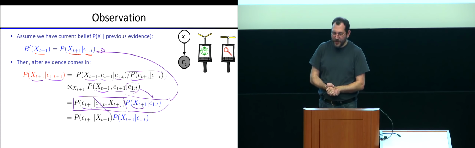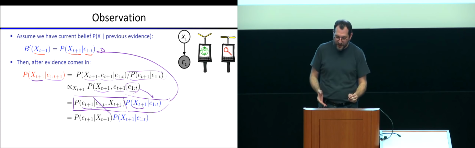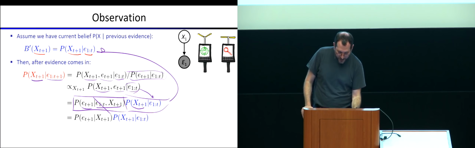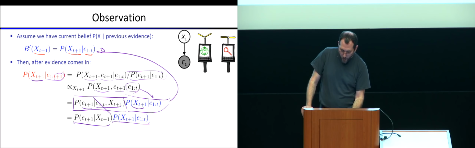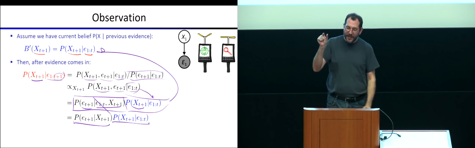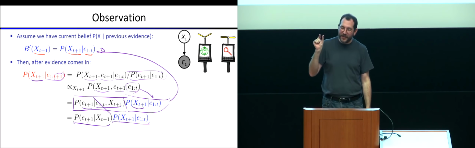And so I get this simpler statement, which now has this very intuitive form, which says if you want to include the new evidence at t plus 1, you take your belief distribution not including that evidence, you weight every term in that distribution by the conditional probability of the evidence.